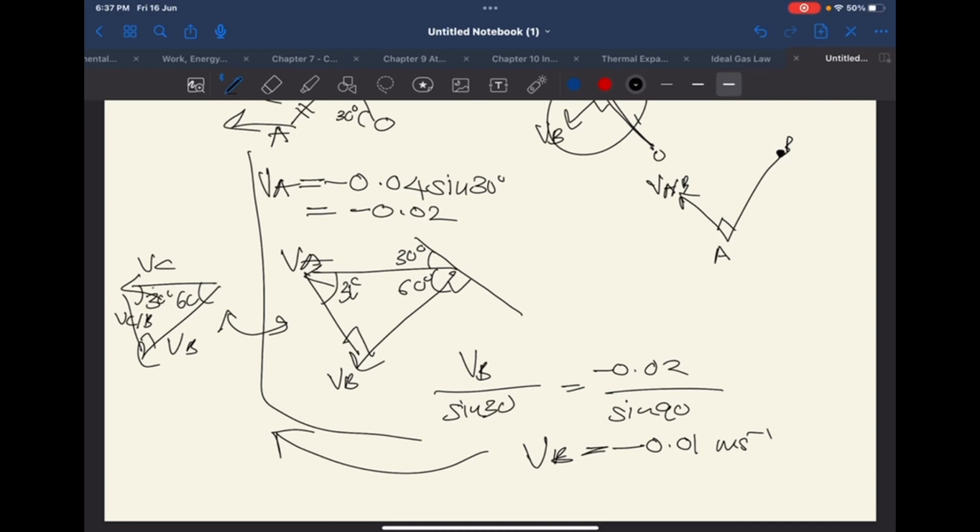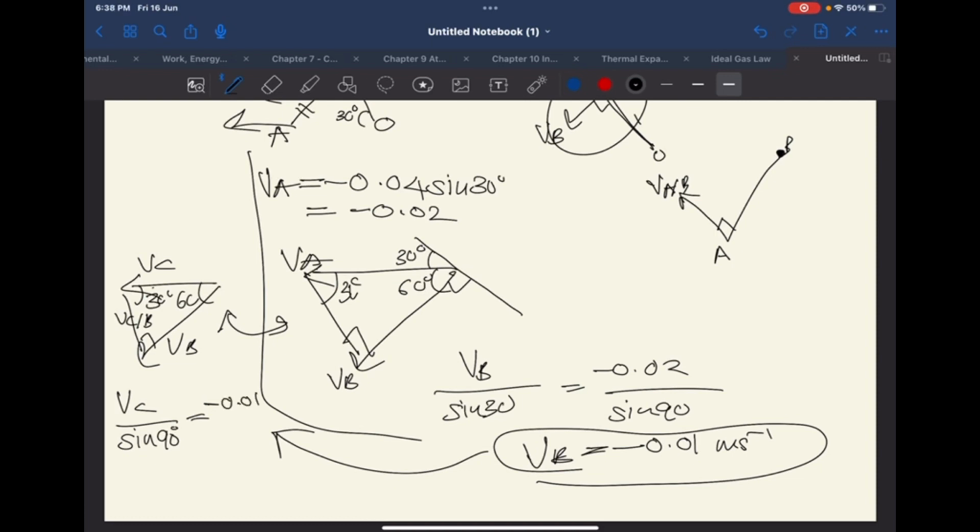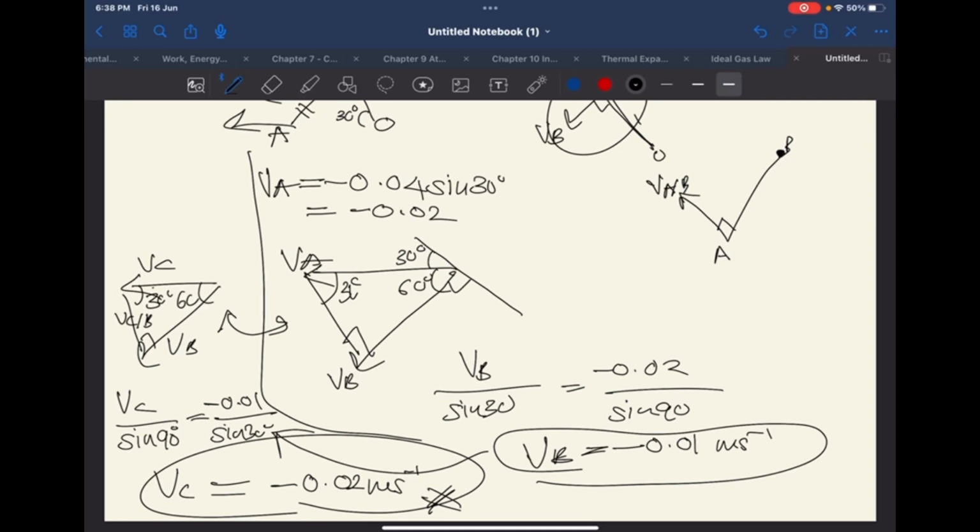We use the sine rule also. VC over sine 90 equals VB here. We already have it, so we substitute 0.01 over sine 30. So the final answer for VC is negative 0.02 m/s. Okay, that's all from me. Thank you.